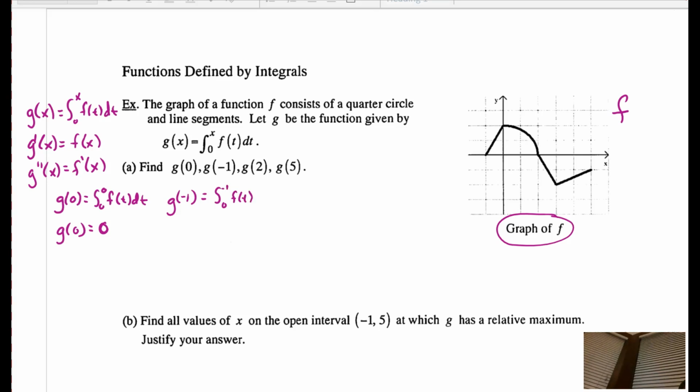We're evaluating an integral using the sum of the signed areas under the curve. Then we want the lower limit to be the smaller number. So we're going to flip the limits and we're going to multiply by a negative. And then we're going to find the area under f from negative 1 to 0.